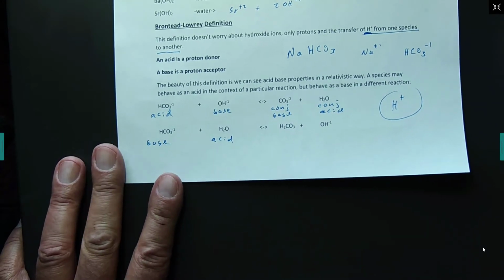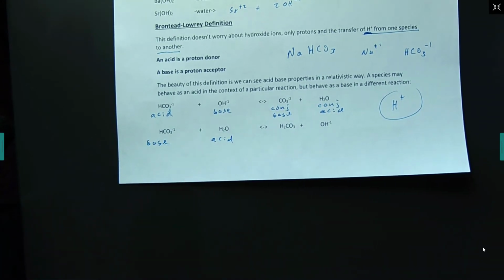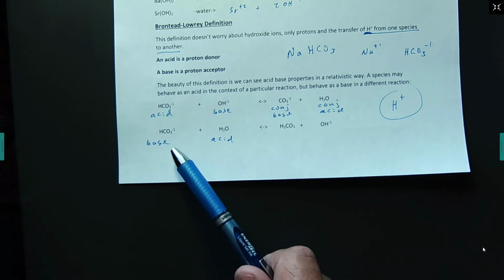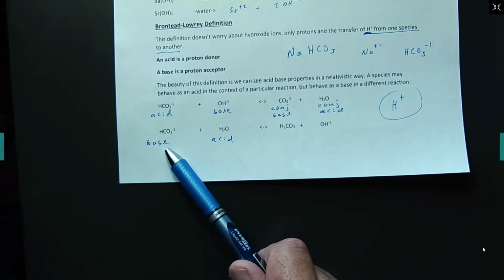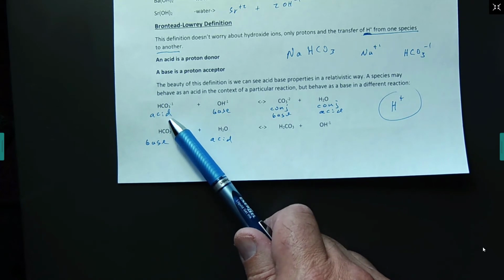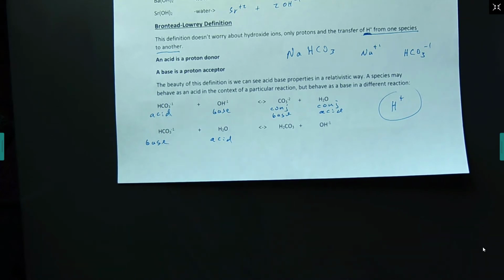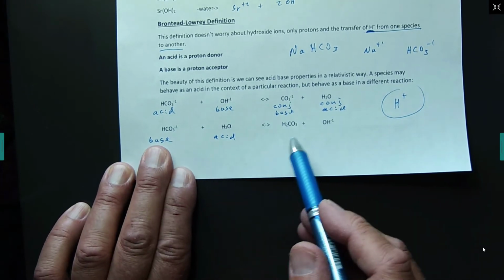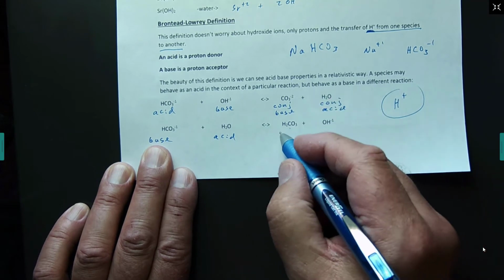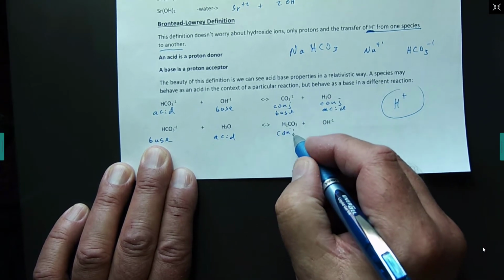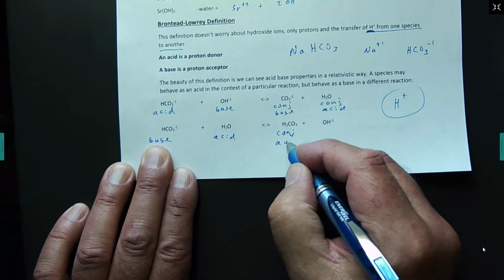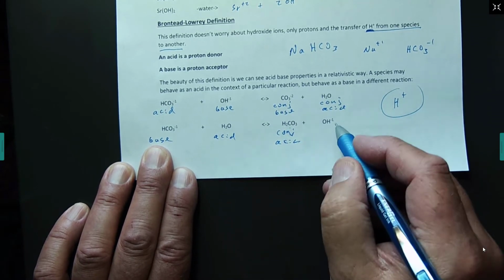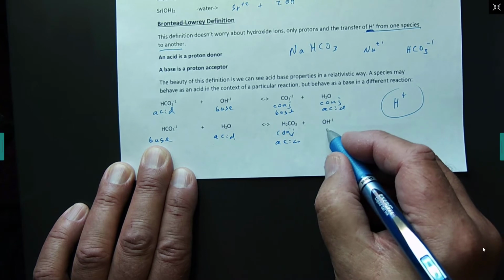So again, the Bronsted-Lowry definition accounts for that. It allows us to see that in some situations a chemical species might behave as a base. In a different situation it might behave as an acid. The conjugate relationship here, if this is the base, conjugate acid. This is the acid, the OH minus.